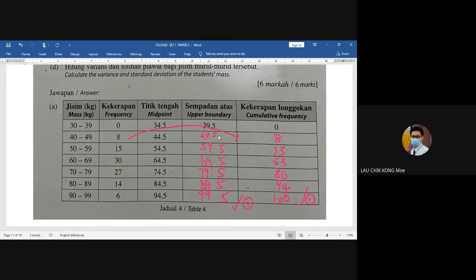Our math paper 1 is next Thursday, and another week's Monday is paper 2. I hope that at that time we don't have online PDPR. So you answer at that time.